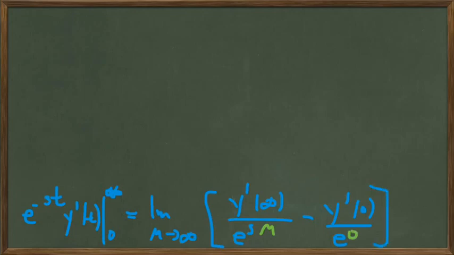And so as m goes to infinity, this denominator here goes to infinity, and as long as y prime of infinity is not too large, as will be the case in the problems we encounter, this expression goes to 0, and this other expression is just minus y prime of 0 over 1, so it's equal to just minus y prime of 0.